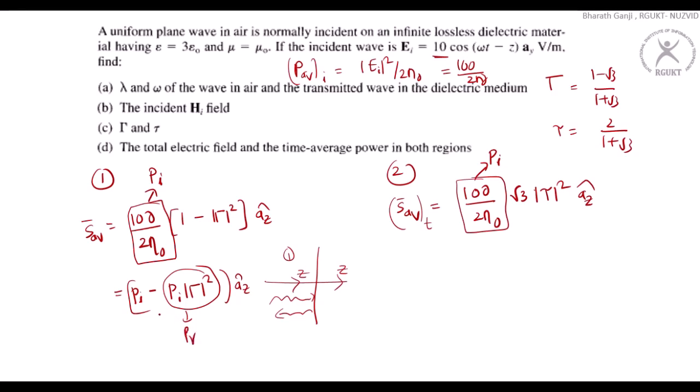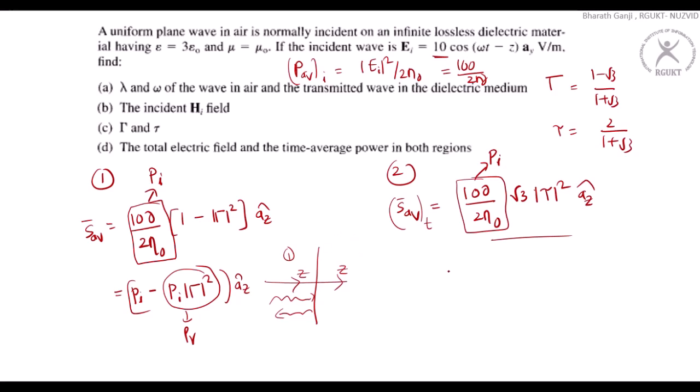Because there are no losses, if some power is reflected back from the incident power, the remaining power should be transmitted. So what I want to check is whether these two entities are equal. They should be, because whatever power is incident and some power is reflected back, the remaining power should be the transmitted power. So on a time average that should happen.